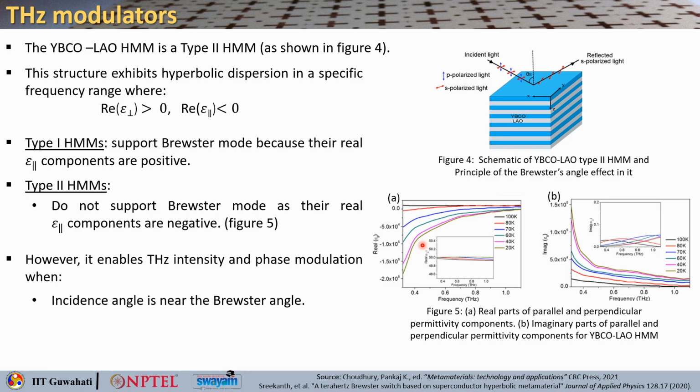In this case, for this kind of material where you have alternating layers of YBCO and LAO, YBCO will behave like a metal because the parallel one is negative and the perpendicular is positive. LAO is behaving like the dielectric.